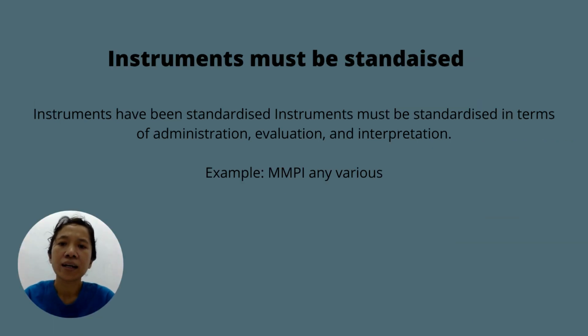Now, when we talk about the instruments, we have to make sure the instruments have been standardized, which means the standardization also concerns administration, procedures, scoring, and interpretation of the results. An example of a standardized test is the Wechsler intelligence scales and the various forms of the MMPI, such as MMPI-2, MMPI-2 revision, and MMPI-A.